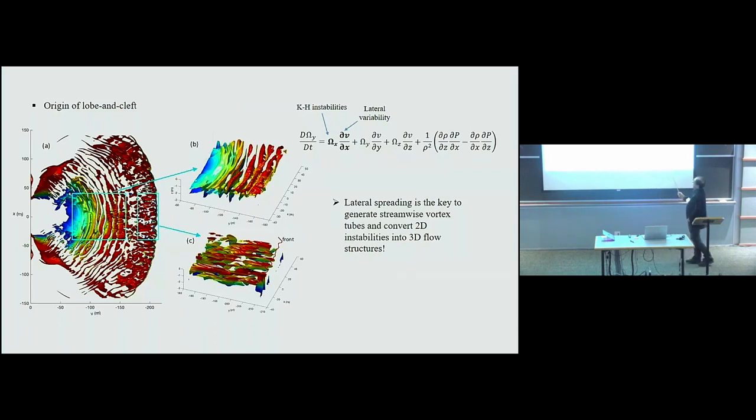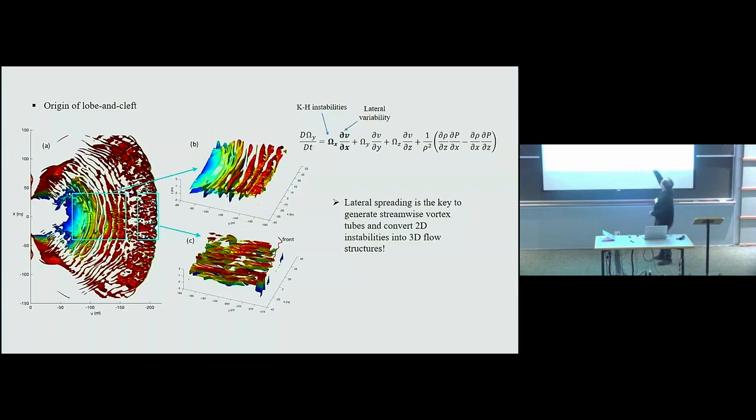And in fact, this is the vorticity equation for the generation of streamwise vorticity. If you look at the three terms that can generate the streamwise vorticity, this omega x is associated with the vorticity generated by the Kelvin-Helmholtz instability.